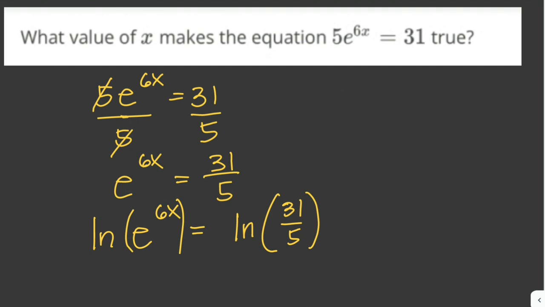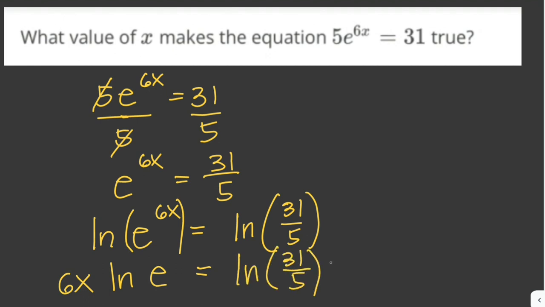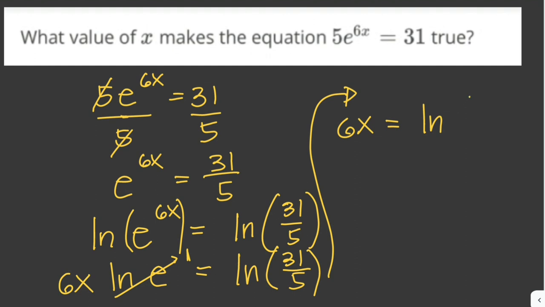Ln of e to the 6x can be written as 6x times ln of e equals ln of 31 over 5. Then ln of e is just equal to 1. So we'll be left with just 6x equals ln of 31 over 5.